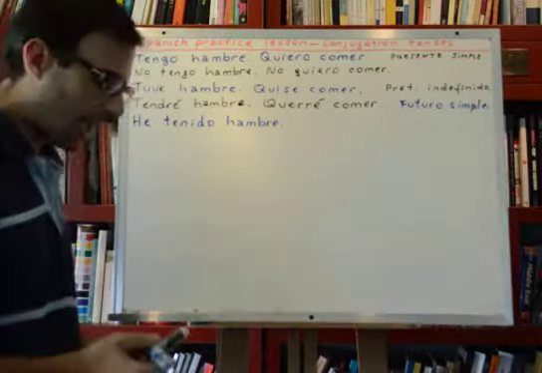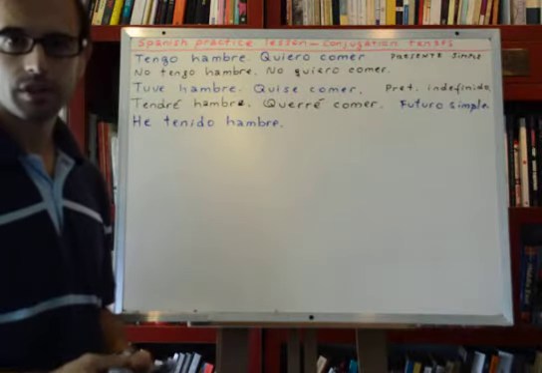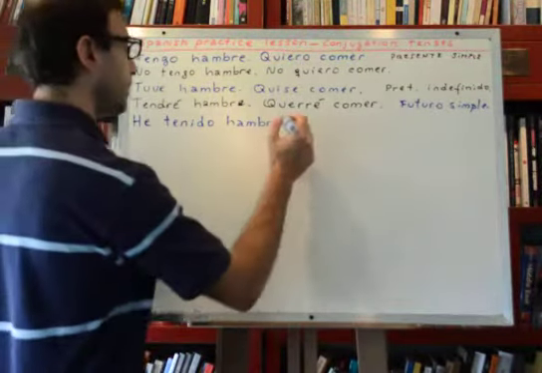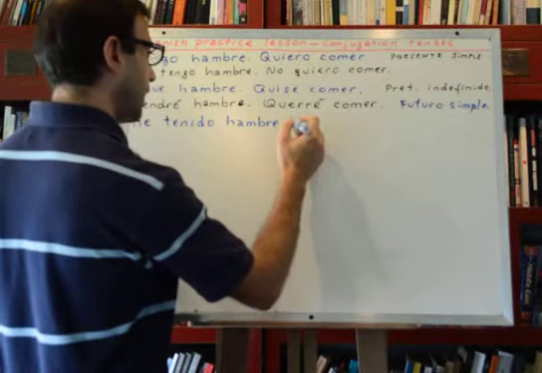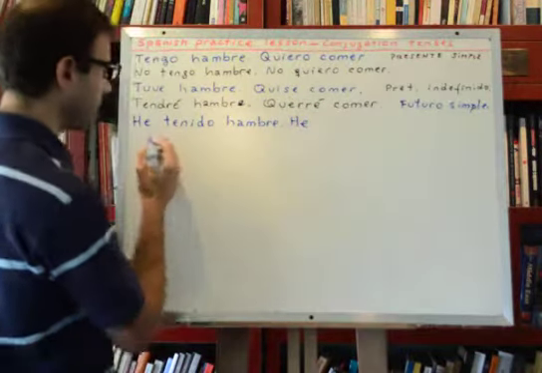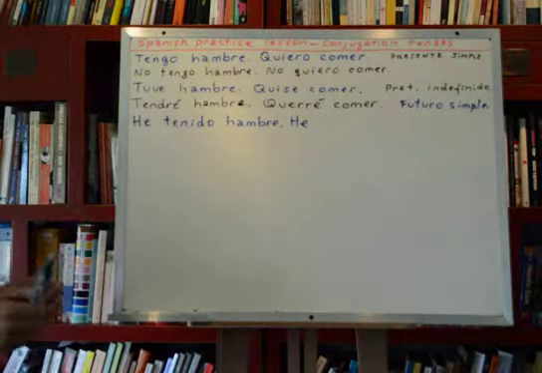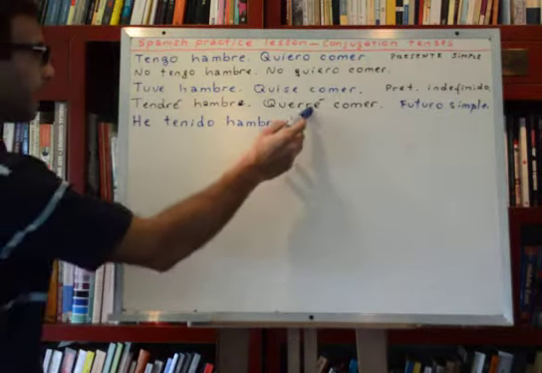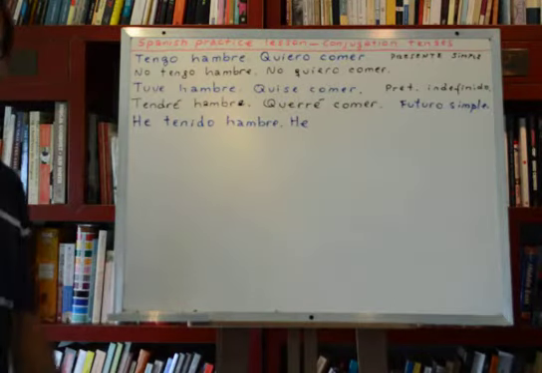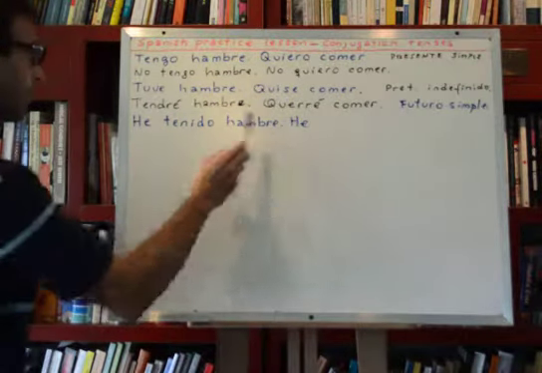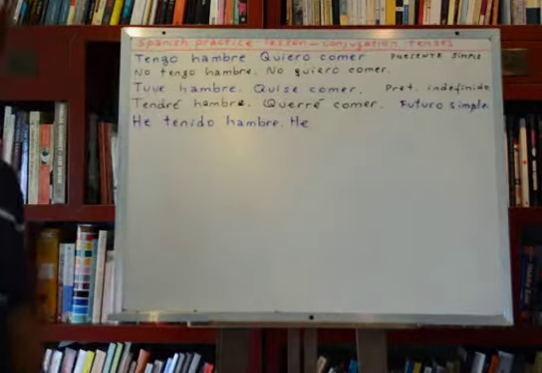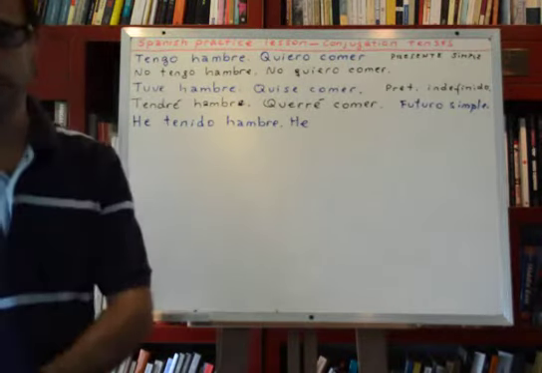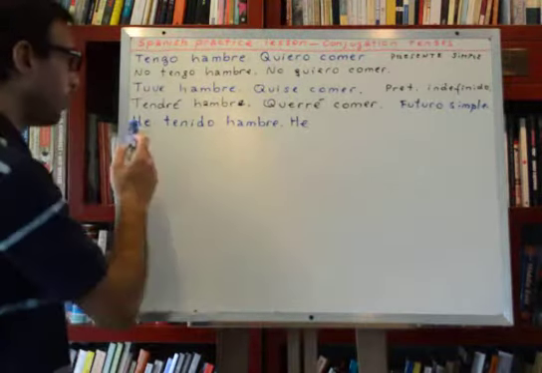I have wanted to eat. Again, okay? Because I have been hungry. I have wanted. So the verb have, it's the same subject, it's the same conjugation, okay? Same tense, same subject, same word, okay?